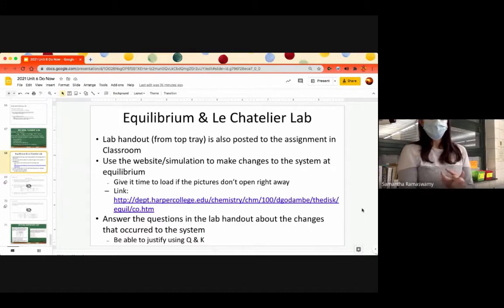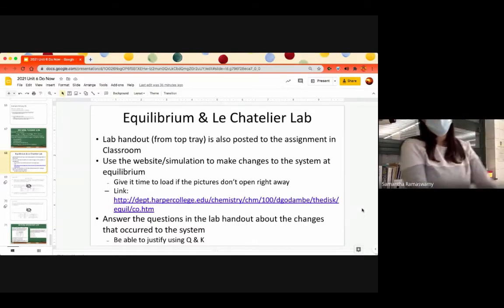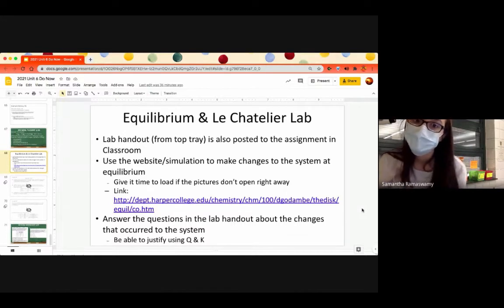The lab handout, so for you guys that are in class today, the lab handout is in the top tray. So if you want to grab the lab handout in the top tray, you can grab that. You guys that are on Google Meet, if you did not grab it yesterday in class or you're online and you didn't get the link, it is posted to the assignment in Google Classroom that just went up this morning.